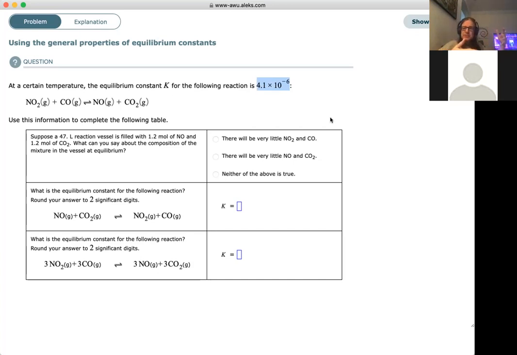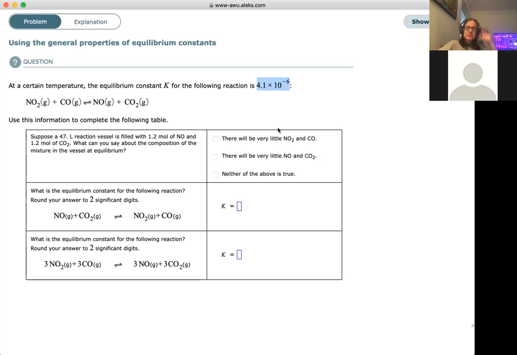So as long as the temperature is constant, it doesn't matter what our initial amounts. If I'd taken 1.2 moles of this and 1.2 moles of that, I should end up with the same ratio here. Okay, the equilibrium constant is a constant. Look at what our options are. There will be very little NO2 and CO, very little NO and CO2, or neither is true.